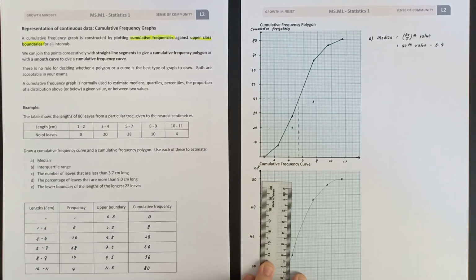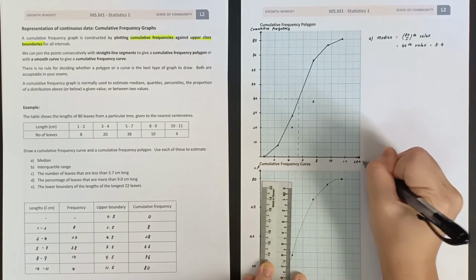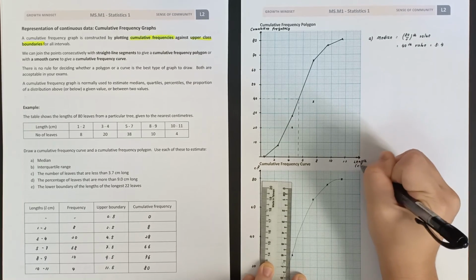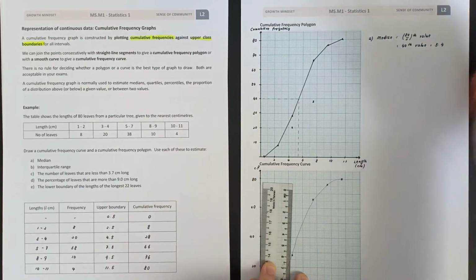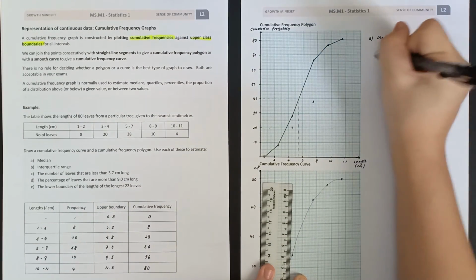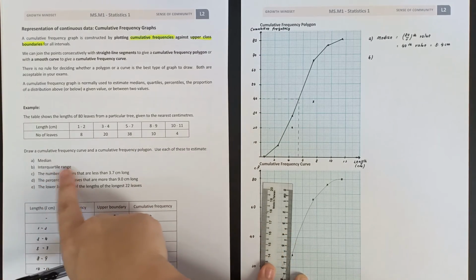Okay, so this will be my median. So let's write down the length, cm. So this is the length in cm also for your curve. Okay, so 4.5 cm.